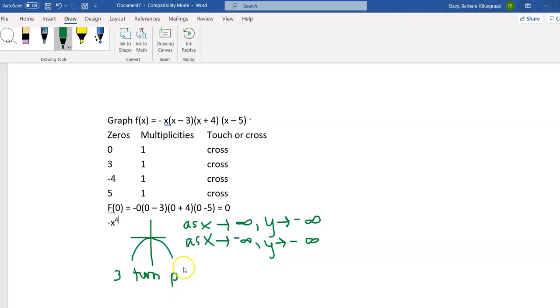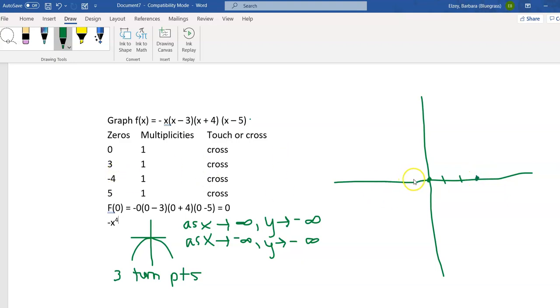All right, so we've got all 3 of our previous steps. Now let's go to the graph. I'll just put the graph over here. First thing we do is we put our zeros on the graph. So 0, so right there at x equals 0 is my first one. 3, 1, 2, 3.